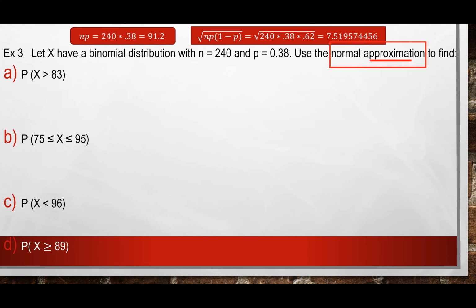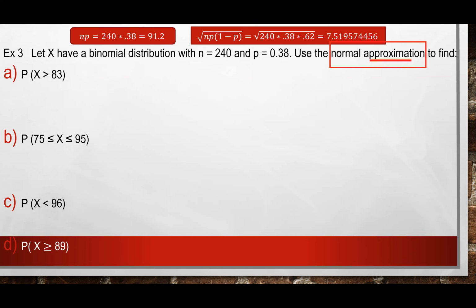They can say that the chance of making a profit in the stock market is 0.38 or 38%, right? And then 240 stockbrokers are selected. What is the probability that more than 83 of them make a profit?